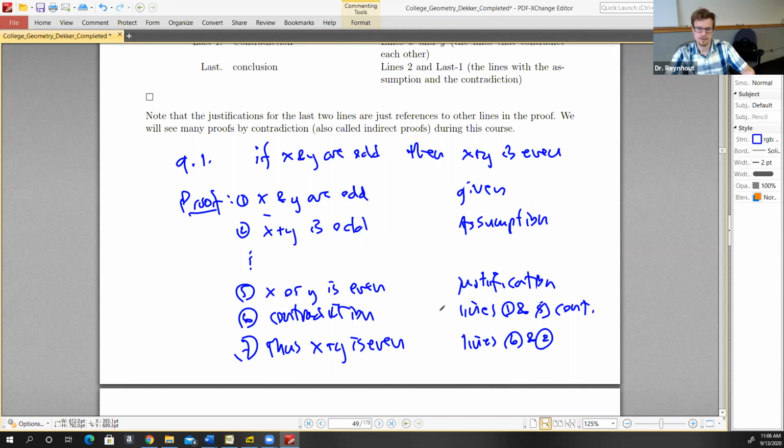These two lines contradict each other, so we must have that x plus y is even. Indicate the end of our proof. So 2-column proof, thing that we're doing or statement that we're making paired with a justification.